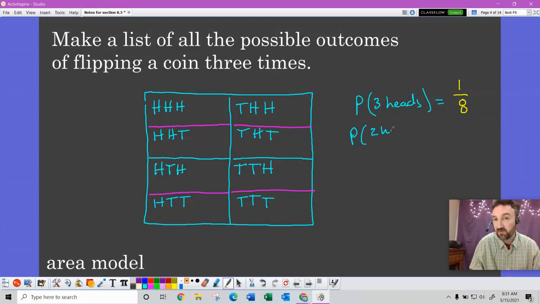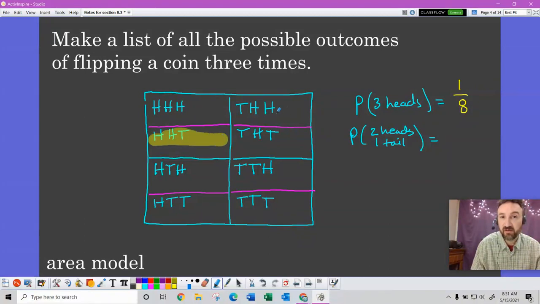Probability of 2 heads and 1 tail. Well, I'd have to think about coloring in all of the areas that are 2 heads and 1 tail. So that'd be this area here, this one.